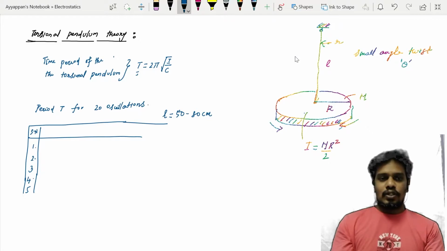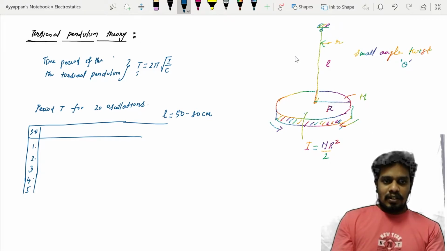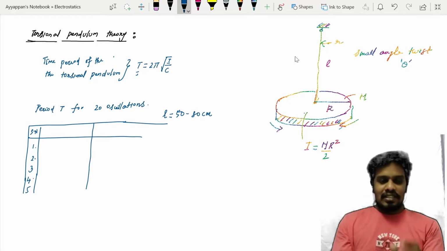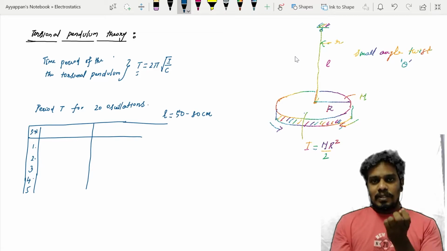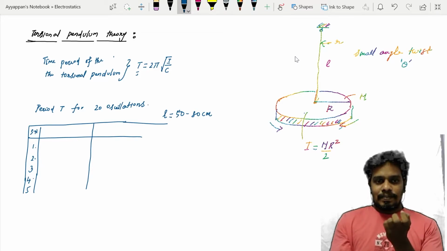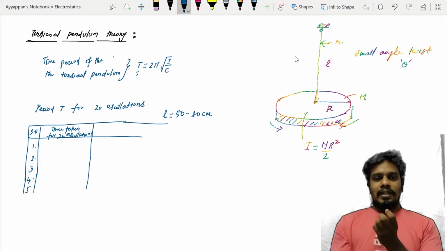Any one of the lengths you can choose. Then you give the twist to the disc, start your stopwatch, and count the time taken for 20 oscillations.